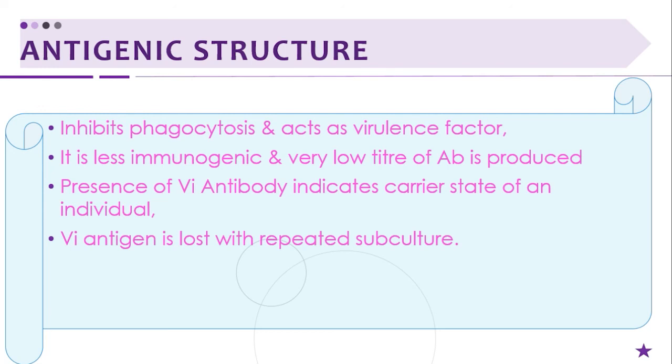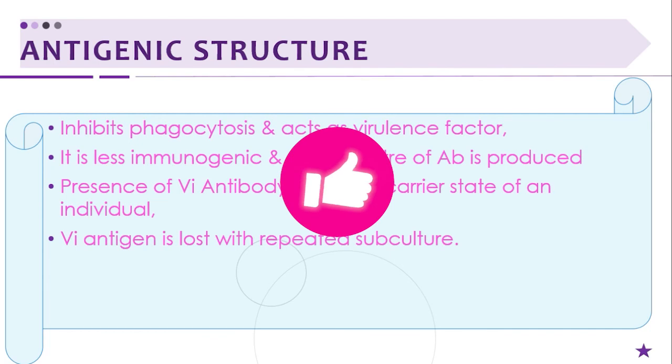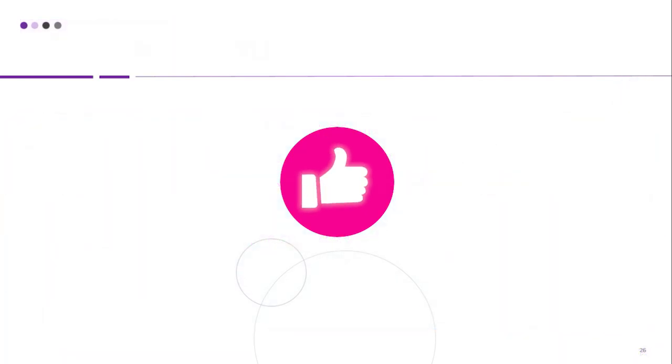As mentioned, it is present on the surface and is weakly immunogenic, and it can be lost when repeatedly subcultured on media. The strain then becomes agglutinable with the O antiserum. So this was about today's lecture.